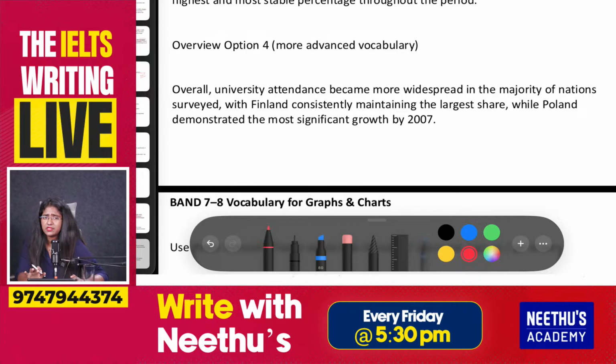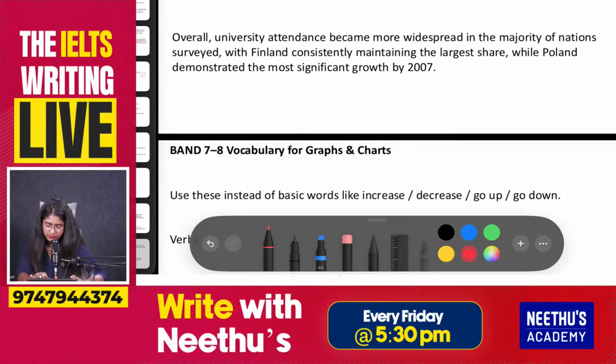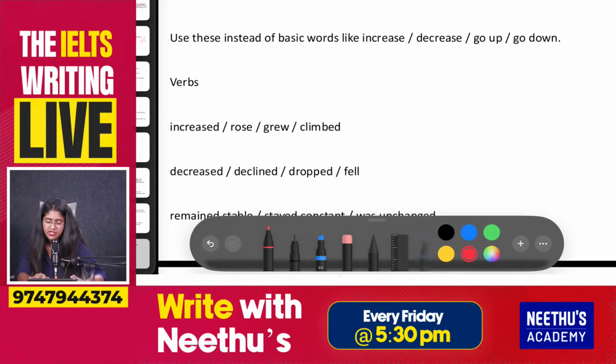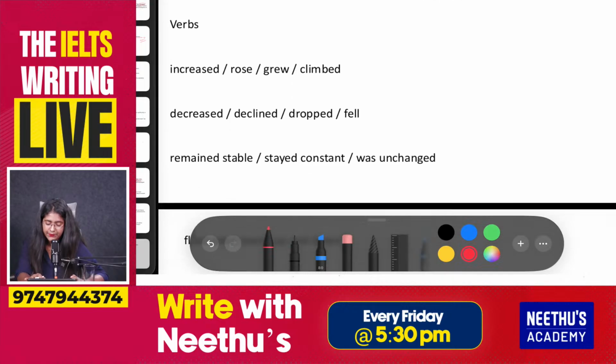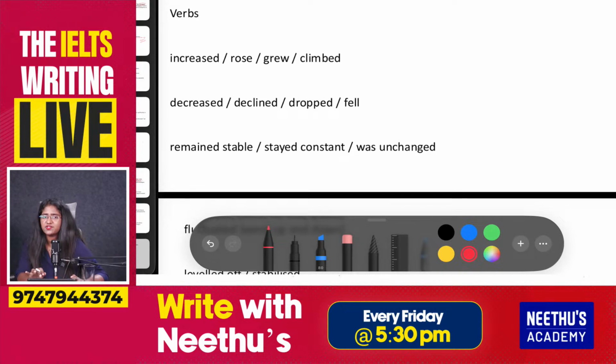You can just write the ones that I showed you before. That would be fine. Now let's look at some vocabulary. Use these instead of words like increase, decrease, go up, go down. So you should learn these words by heart, I would say, so that when you write the answer, when you describe a graph, you will know which words to use, where to use which words.